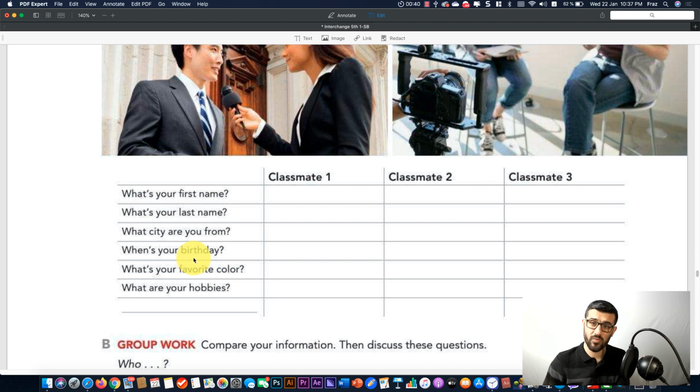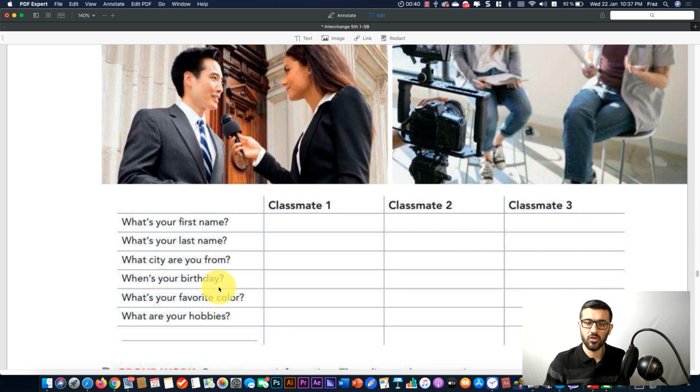When is your birthday? What is your favorite color? What are your hobbies? So you can practice this at home or maybe at university, at school, and you can ask your classmates, maybe friends, maybe family members, and find out about them.